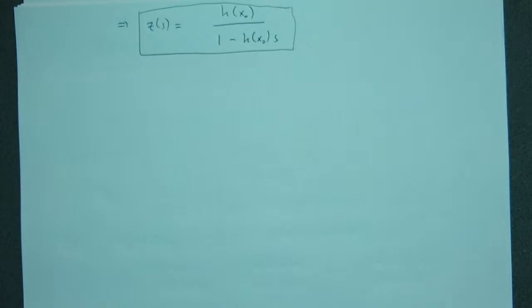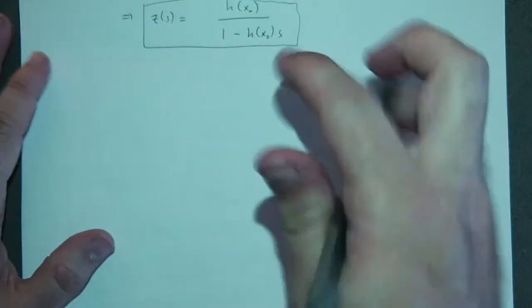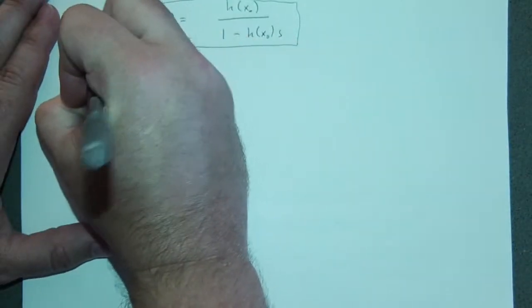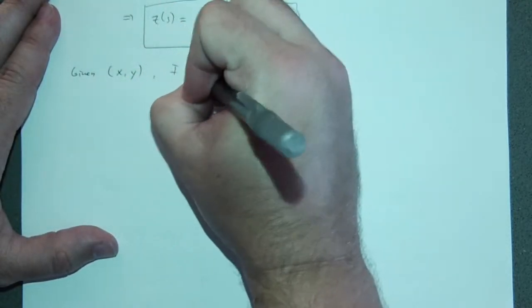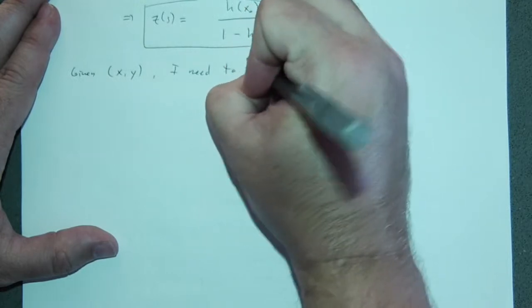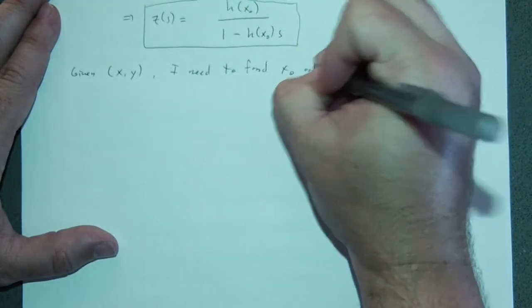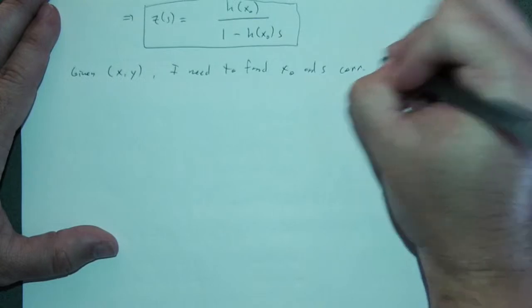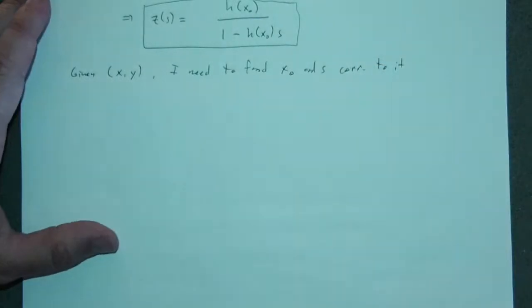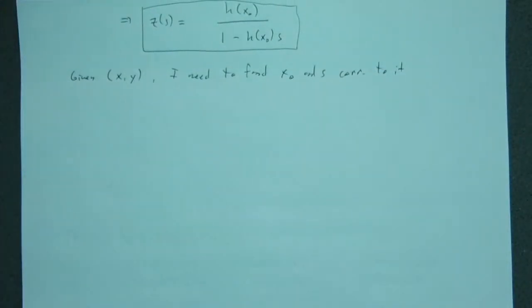Given a generic point x y, I need to find an x naught and s corresponding to it, to know the characteristic that this thing lies on.